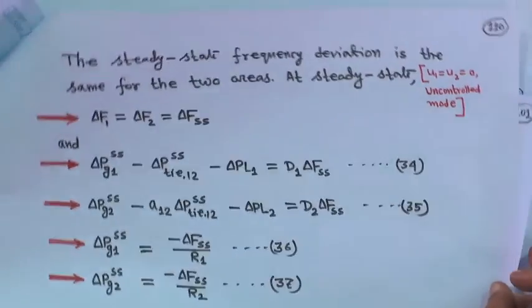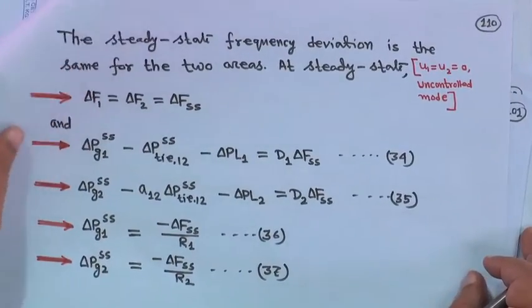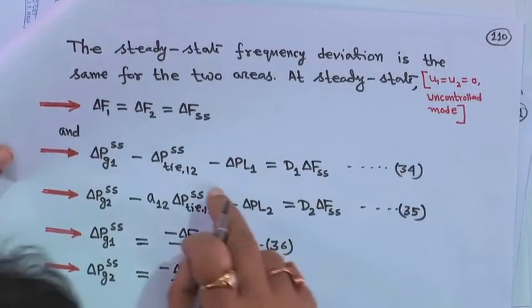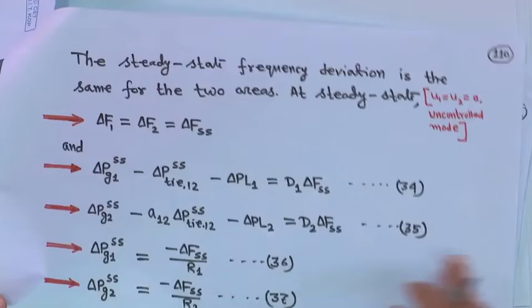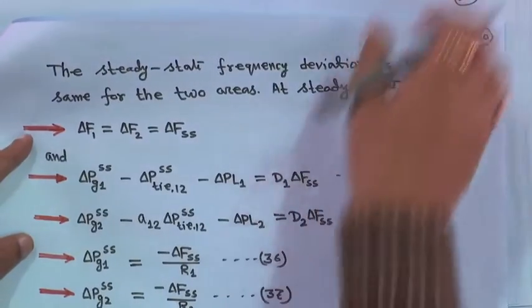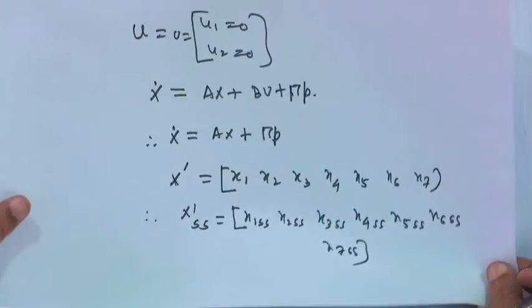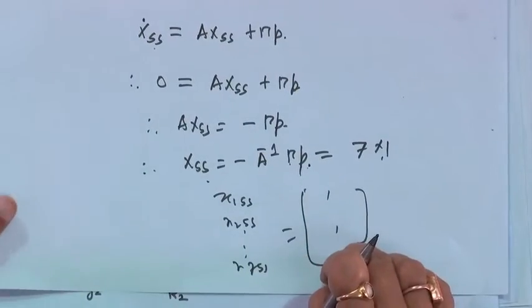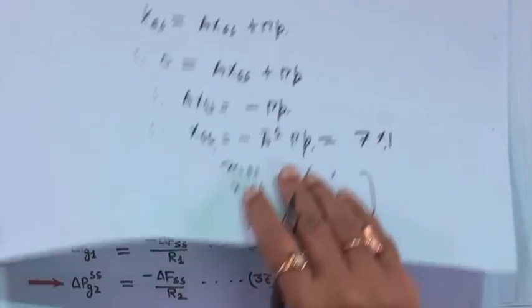Now, that is how I told you to go for steady state analysis for all the variables. Now, mathematically we will proceed as before to find the steady state frequency deviation. Here you are getting the steady state values directly as numerical values, but we have to obtain a mathematical expression.